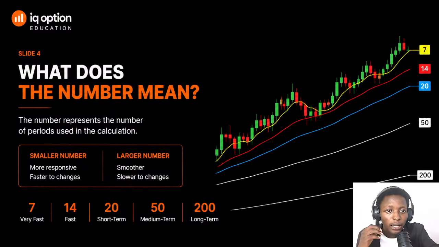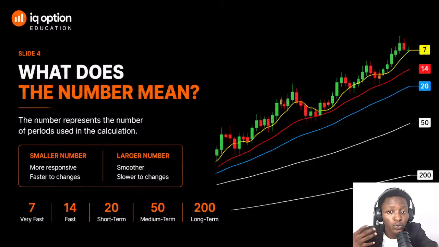The numbers you might be seeing right now on your screen are EMA 7, EMA 14, EMA 20, EMA 50, and EMA 200. These numbers are the period. So what is a period? A period is used to calculate the number of days that passed.